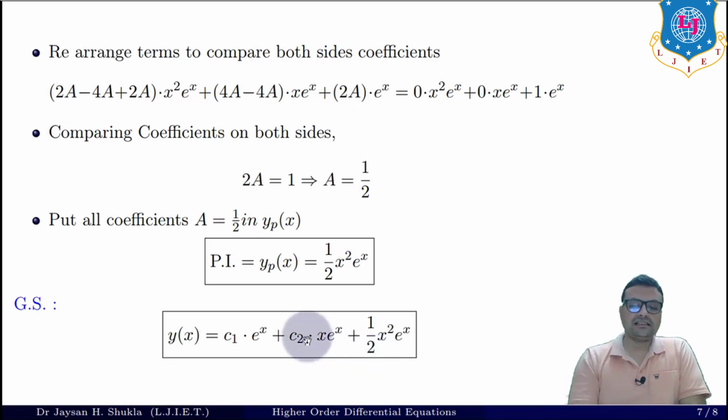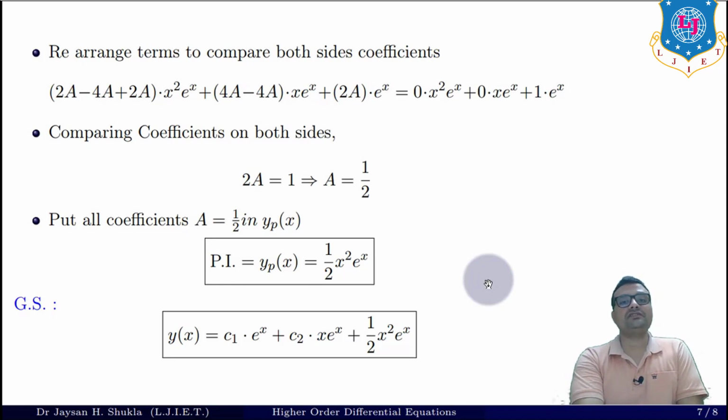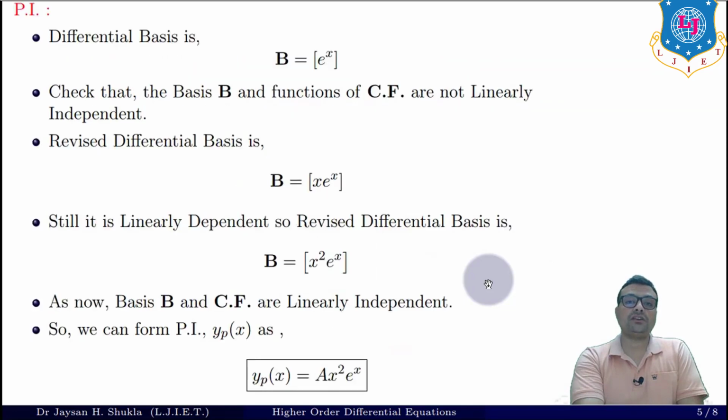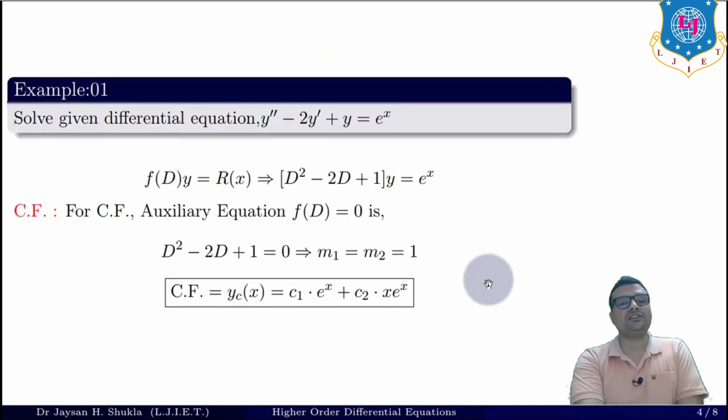You need to take care of this thing. Now, let us consider the direct method. See here, you know that it is very easy to solve this equation using the direct method. But if in an exam you get a question specifically for the method of undetermined coefficients, then and only then should you adopt it. Like here, you can directly take d square minus 2d plus 1 in the denominator of this yp.